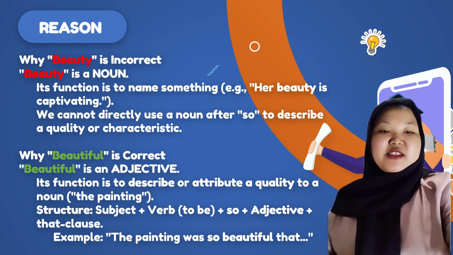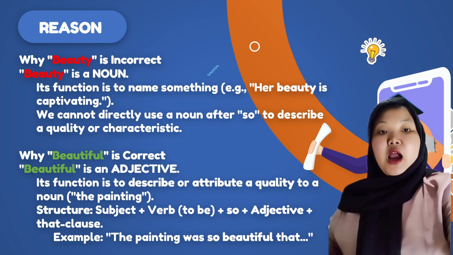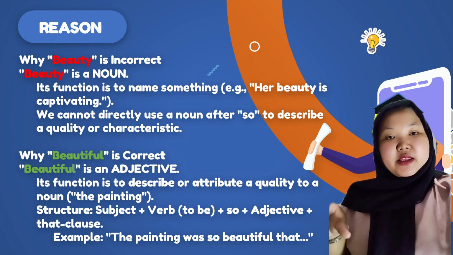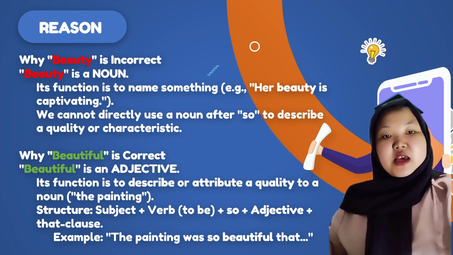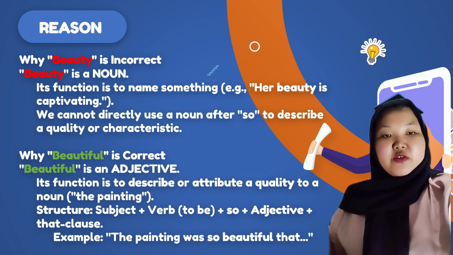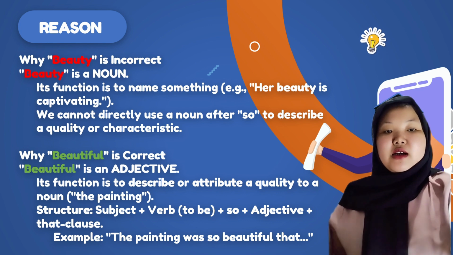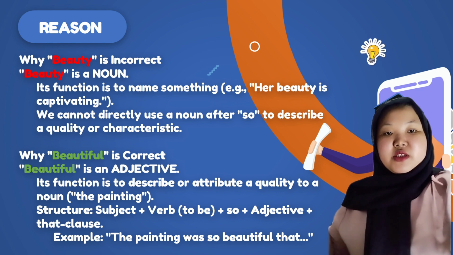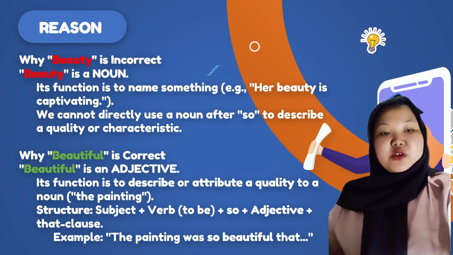In our example, the subject is the painting, the verb is was, so plus the adjective beautiful, and the that clause is that everyone stopped to look at it.